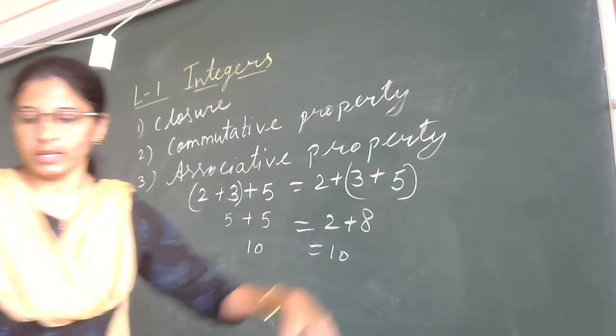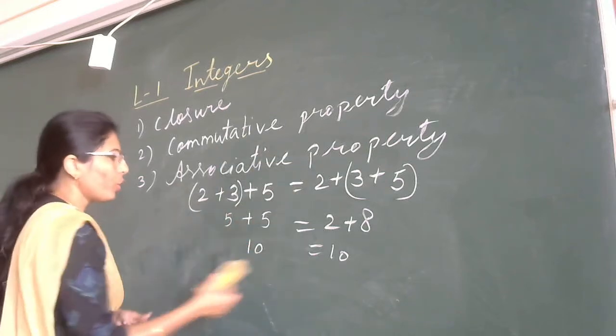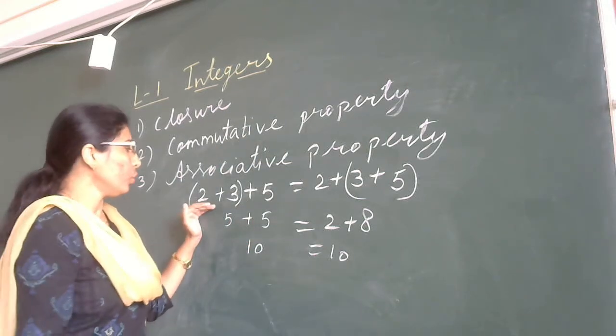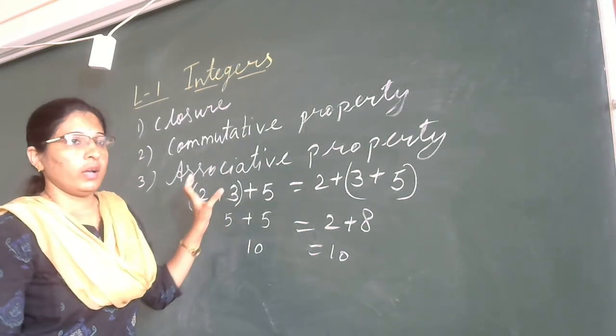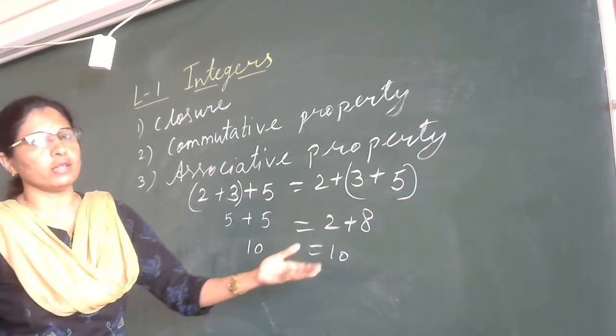Integers have the associative property. When you group the first two integers or the second two, we will get the same result.